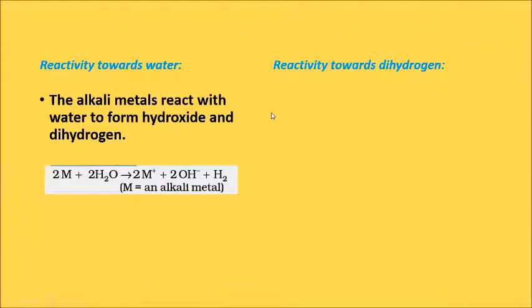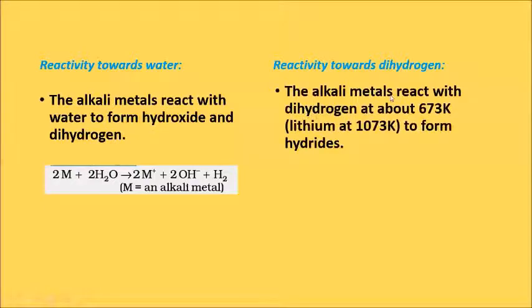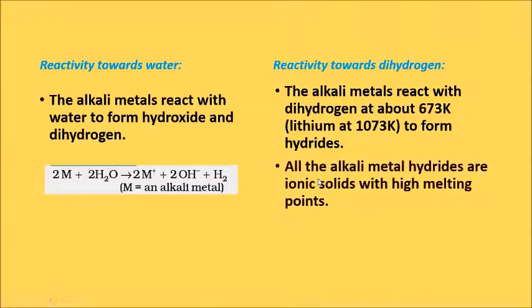The next reaction is the reaction with dihydrogen. The alkali metals react with hydrogen at about 673 Kelvin, lithium at 1073 Kelvin, to form the hydrides. All the alkali metal hydrides are ionic solids with high melting points. This point we have to note.